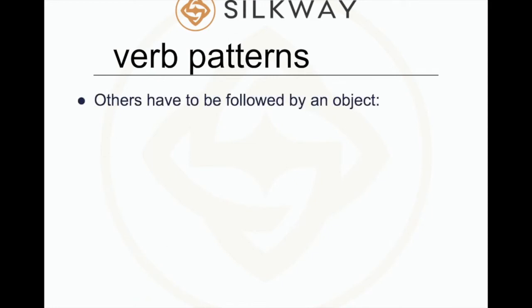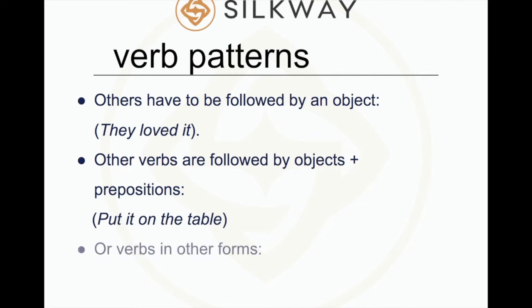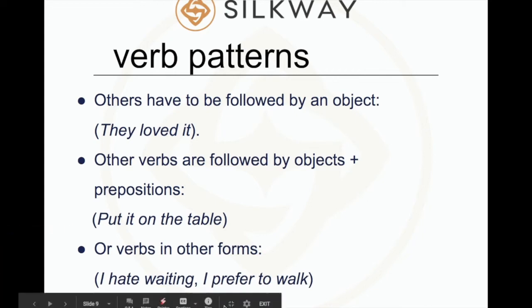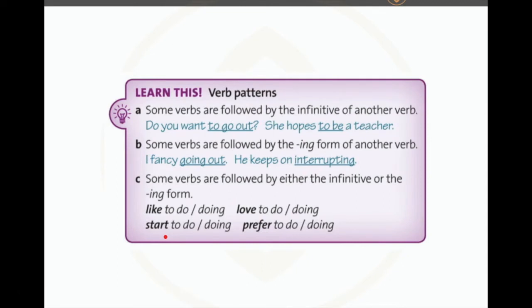Or we have some other verbs that have to be followed by an object, for example, they loved it, I played football, etc. Other verbs are followed by an object plus preposition, like put it on the table. Or the verbs in some other forms, like I hate waiting or I prefer to walk. In today's lesson, we are going to look at this last type. This type is about ing or infinitive.